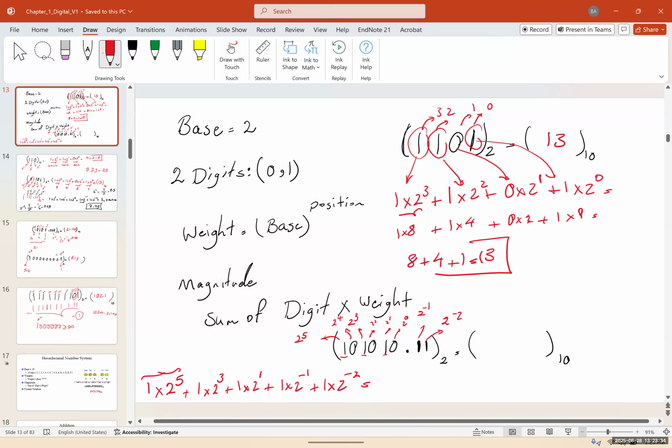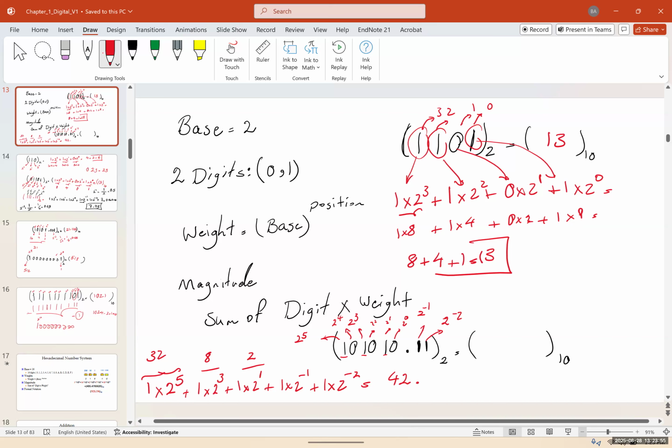2 to the power of 5 is 32. 2 to the power of 3 is 8. 2 to the power of 1 is 2. So 2 plus 8 plus 32 is going to be 42.